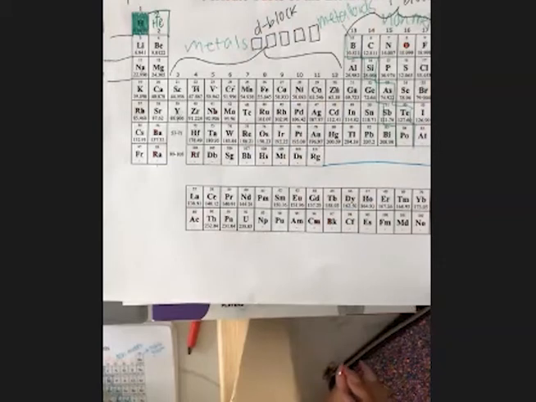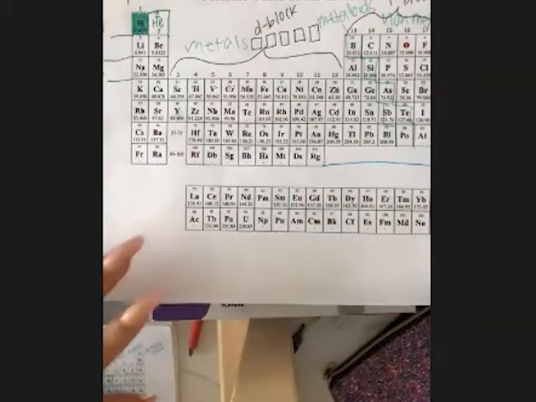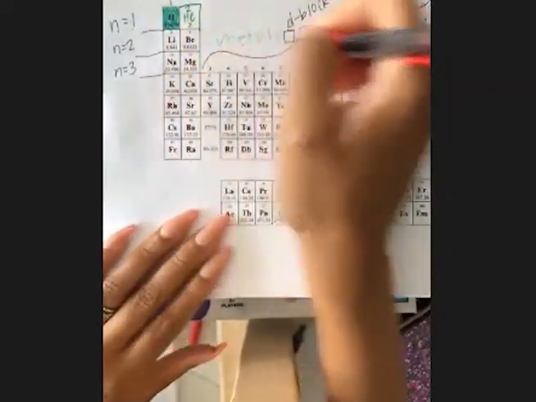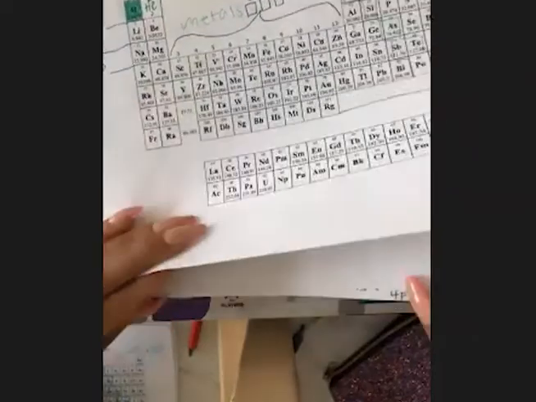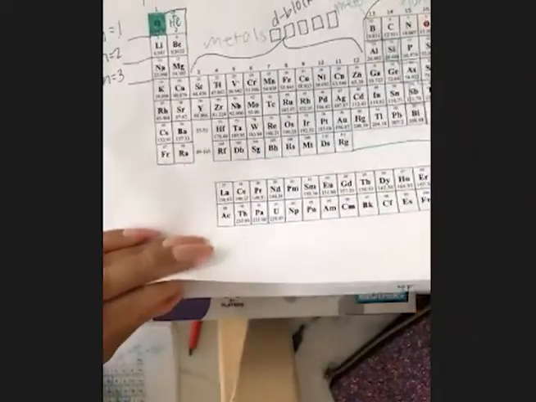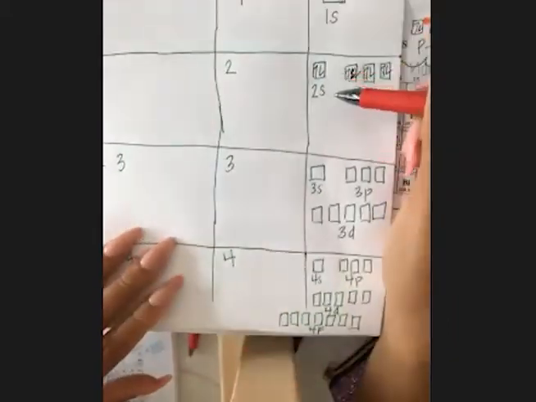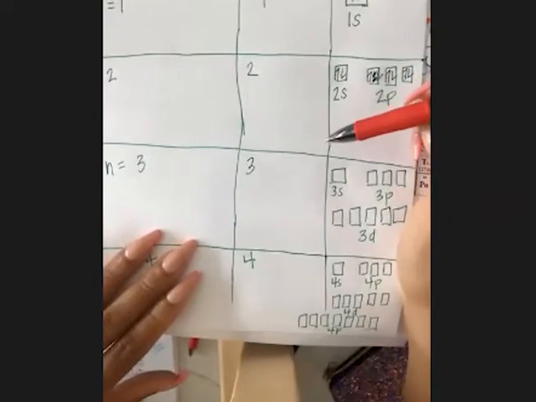All right, so the only thing that you really have to know about the D block is that when we drew it out on the table, the D block came in at n equals 3. There was no D at n equals 2.